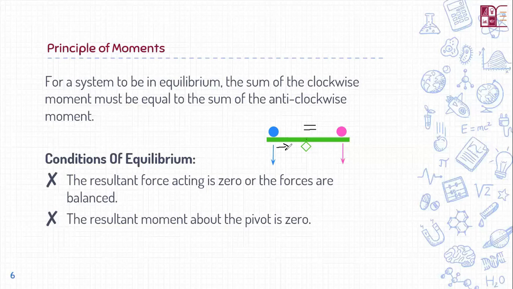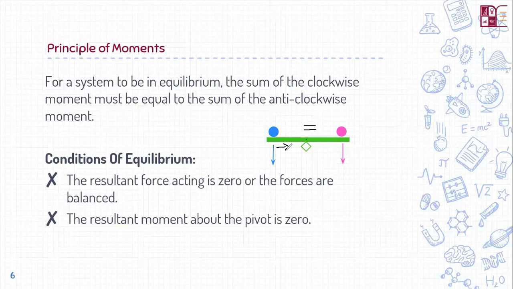Because as we discussed, it's the force times the perpendicular distance from the pivot line. So if the force is greater, the distance needs to be shortened to balance the clockwise and the anti-clockwise motions about the pivot.